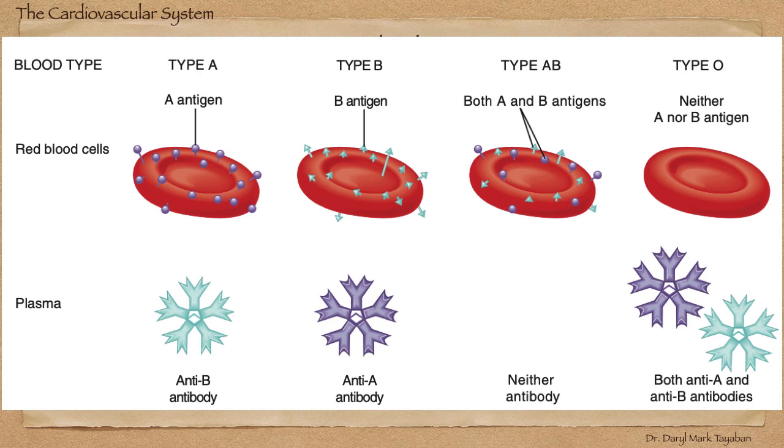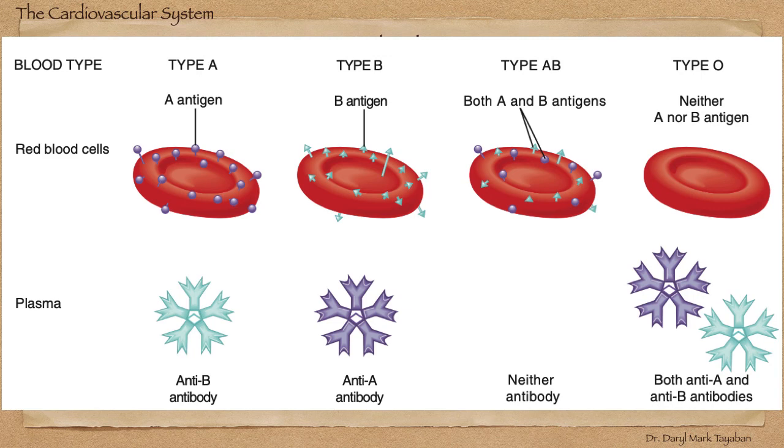The red blood cell could have antigen A if you're blood type A, antigen B if you're blood type B, but if you're blood type AB, you will have antigen A and B. While if you're blood type O, neither A nor B, so meaning you don't have antigen.